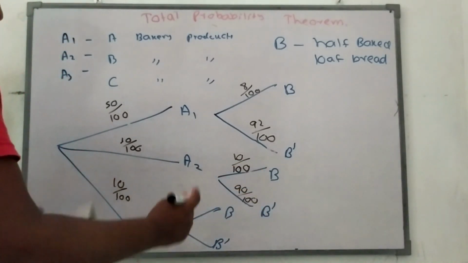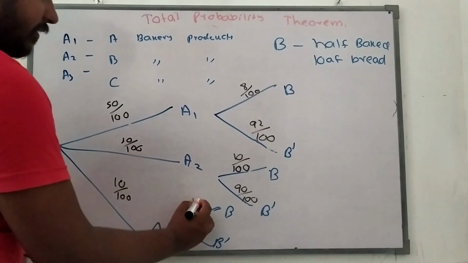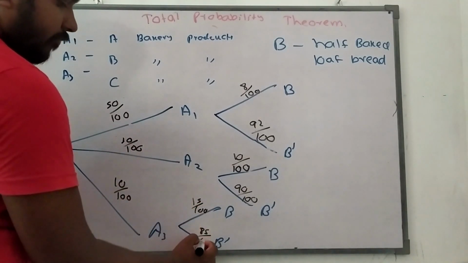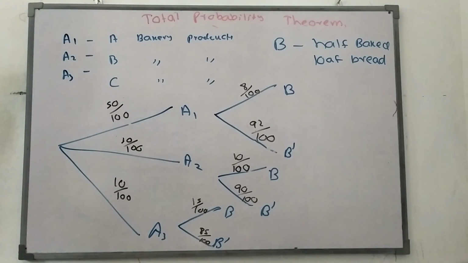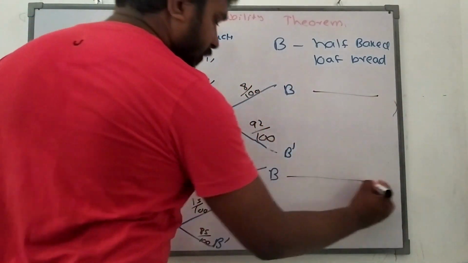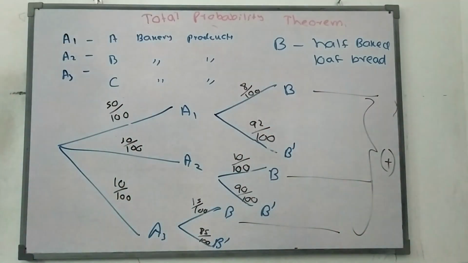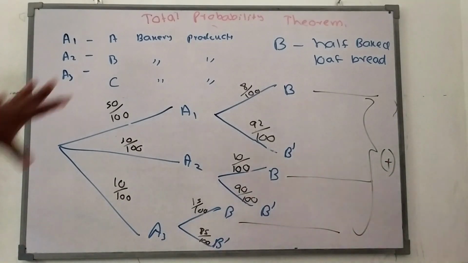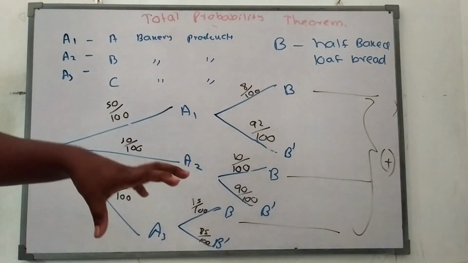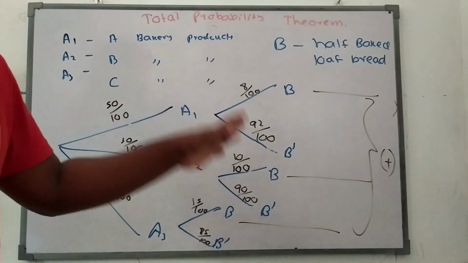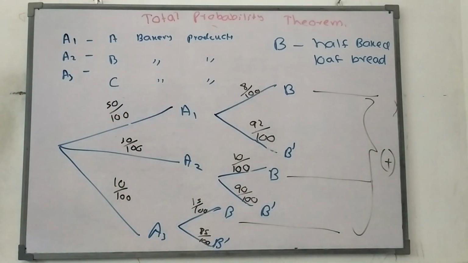The last one, 15% half baked, 85 not half baked, right? So you just need to find this and that and add all. You will get the total probability that half baked bread was found. That is the connection between the total probability main equation and the decision tree.